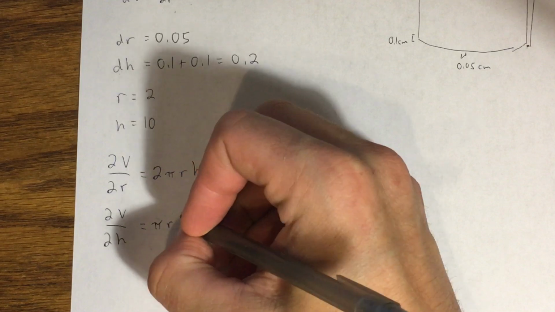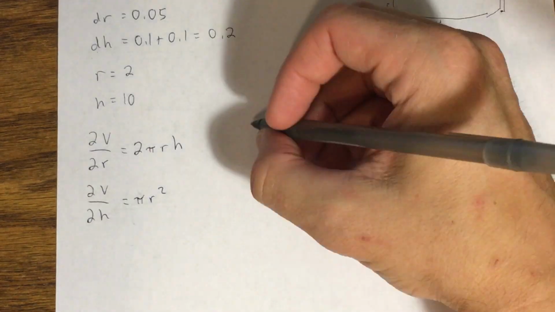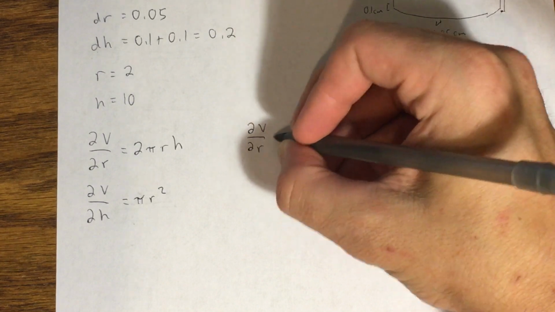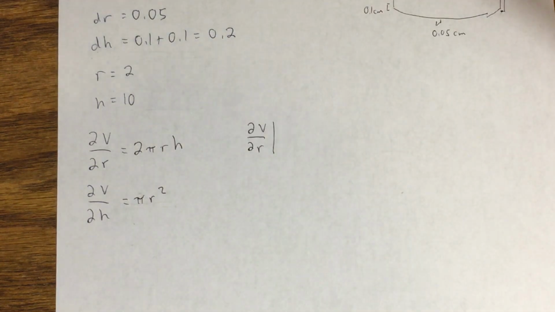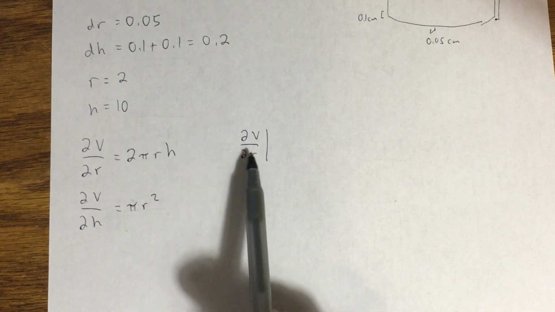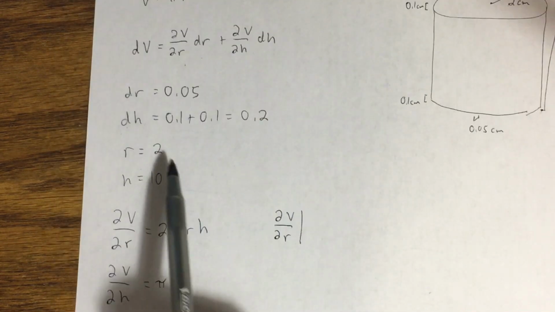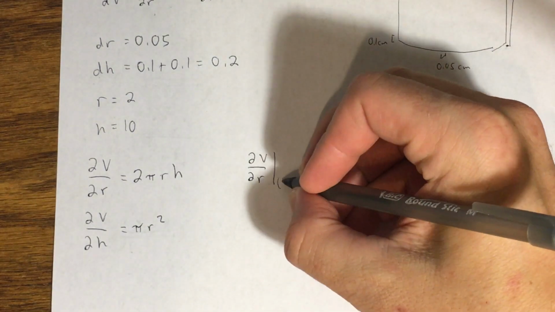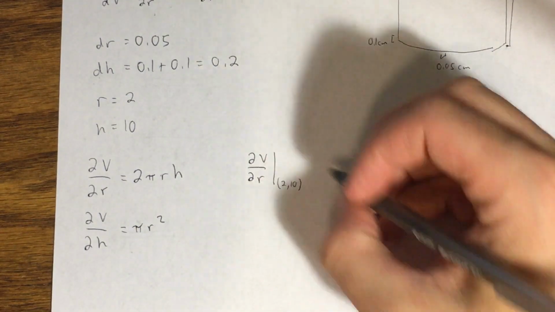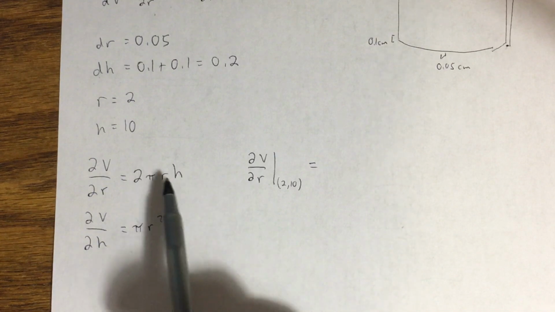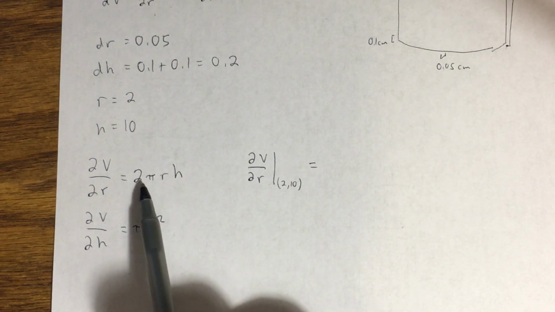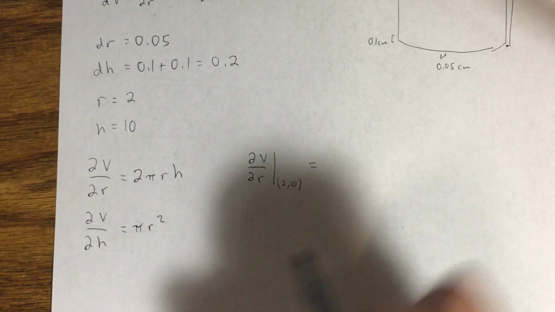Now, I'm supposed to be plugging in values for these, right? Because we want the partial of v with respect to r, where r is equal to 2 and h is equal to 10. So this is like at the point (2, 10). If I plug a 2 in for r and a 10 in for h, what do we get? That would be 40 pi.